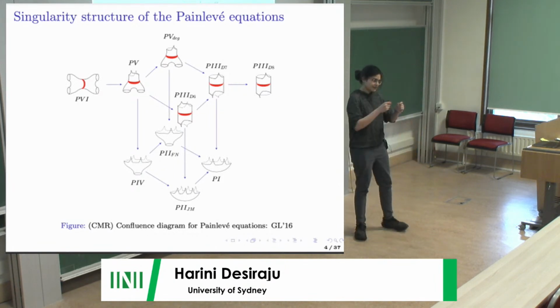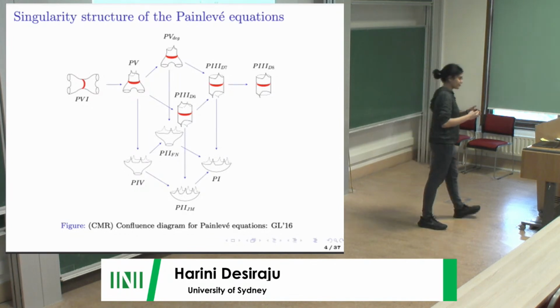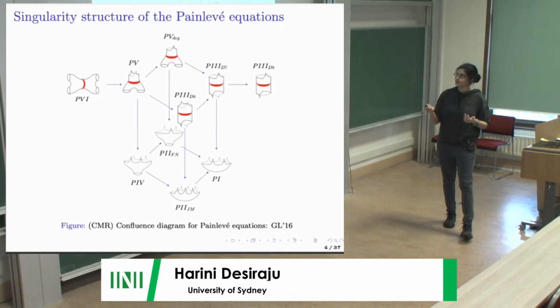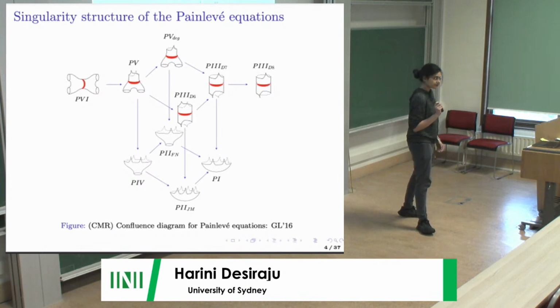And as I mentioned, when you have the differential equations, you have this diagram, you have a similar diagram, but from a geometrical point of view or from the singularity point of view. You can think of Painlevé VI as studying some isomonodromic deformations on a sphere with 4 simple poles.